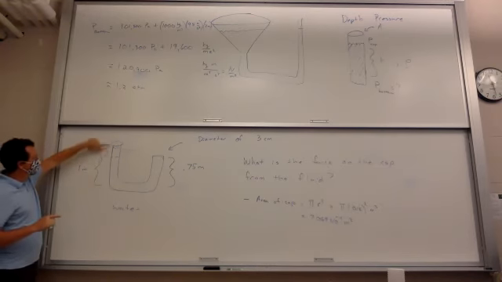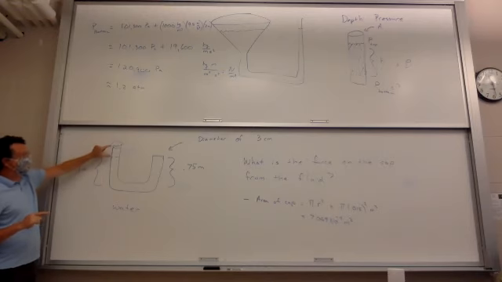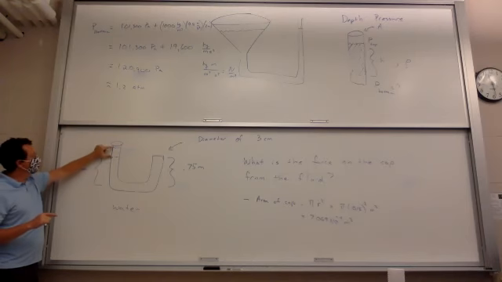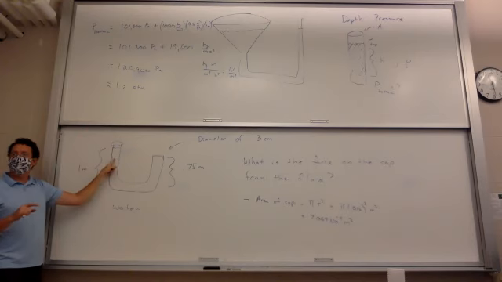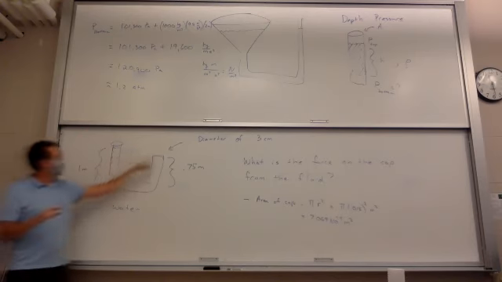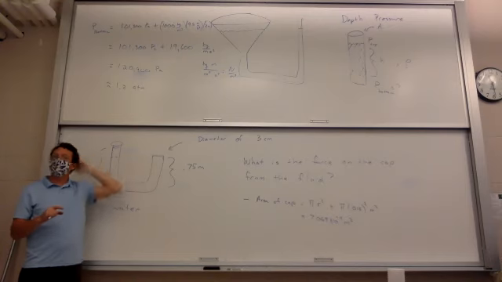And what is the height of this column of water? 0.25 meters. So we know the rho, we know g, we know h, and we know the pressure at the top. So we can find the pressure at the bottom at this point, and then that has to be the same as the pressure right here.